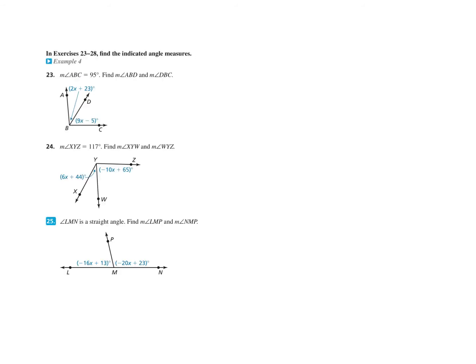All right, next. 23, find the indicated angle measure. All right, so angle ABC, the big angle here, that whole thing is 95 degrees. Find the measure of angle ABD and the measure of angle DBC.